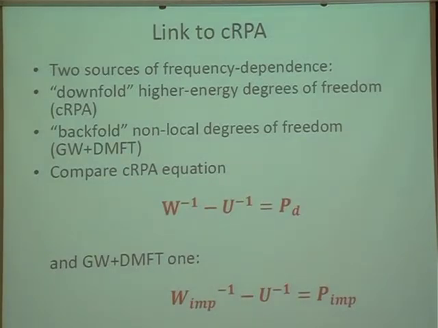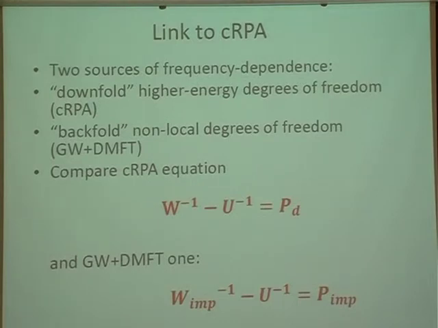So to some extent, the CRPA equation here, so here I'm just rewriting what you wrote, U is the bare interaction screened by the rest, and then you take it, screen it further, and you come to W. So that's just another way of rewriting the CRPA equation. It's nothing else than doing a kind of, well, I wouldn't call it CRPA anymore, but we call it constrained screening approach on the local versus non-local separation.